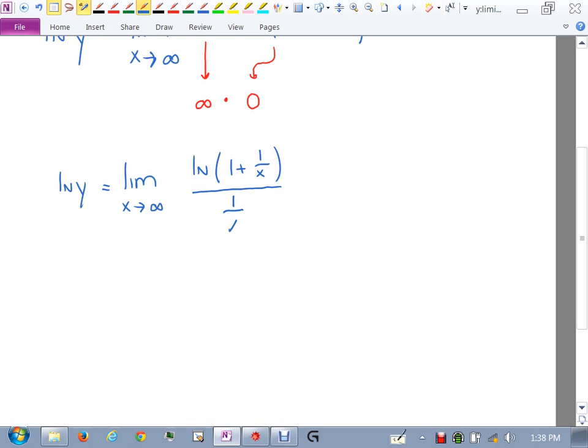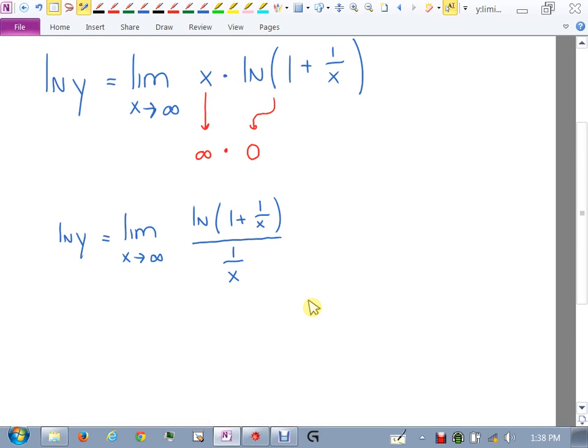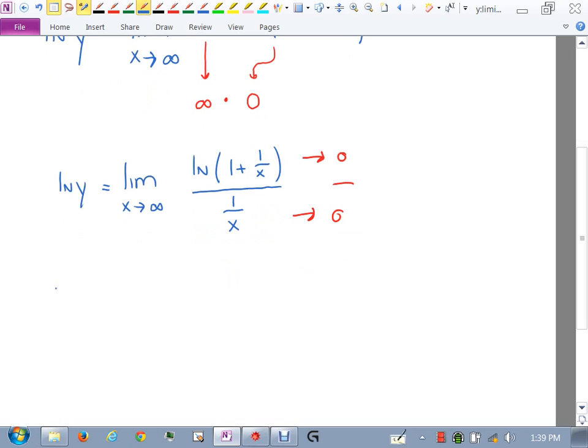So don't make that mistake, please. x is not the same as just x on the bottom. x is the same as 1 over x on the bottom. And now, derivative time. You can check it yourself. I won't. This goes to 0. This goes to 0. So we can now apply L'Hopital's rule.